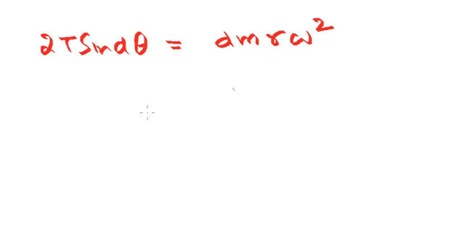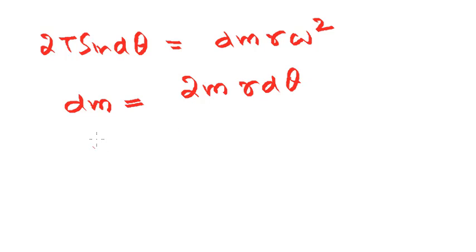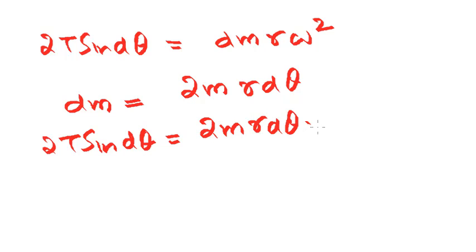That is the required centripetal force. But we already proved that dm is nothing but 2mr d theta. So substituting, you will get 2t sin d theta equal to 2mr d theta into r omega square.